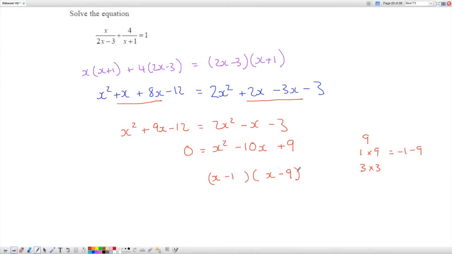So both here minus 1 and here minus 9. That equals 0. Make each bracket equal to 0. If we've got something times 0, one of the brackets has got to be equal to 0. So x minus 1 equals 0, x equals 1. x minus 9 equals 0, x equals 9. So our two solutions for x are x equals 1 and x equals 9.